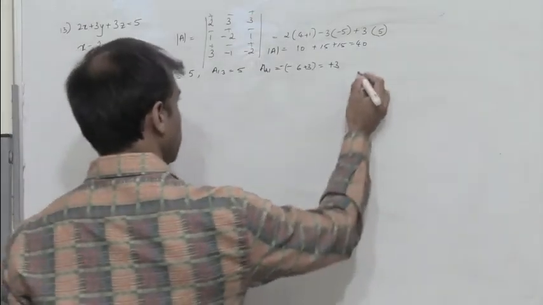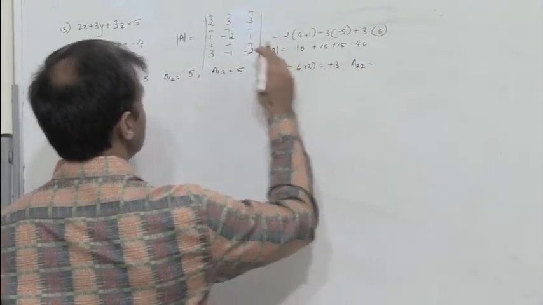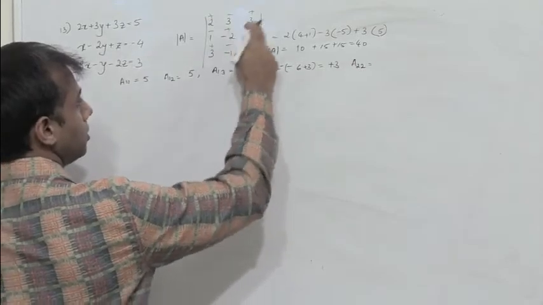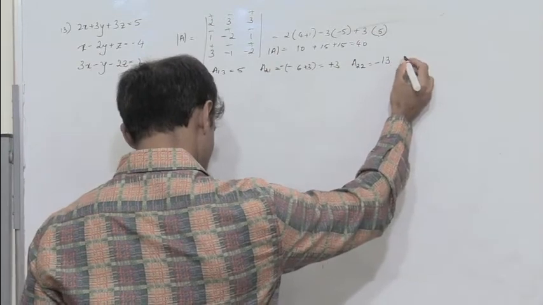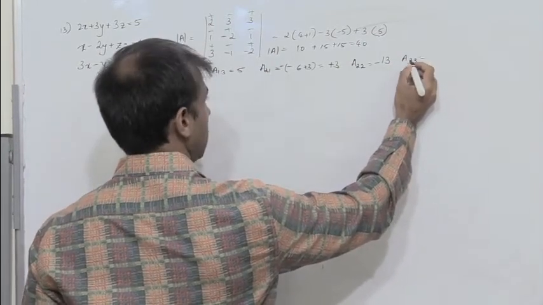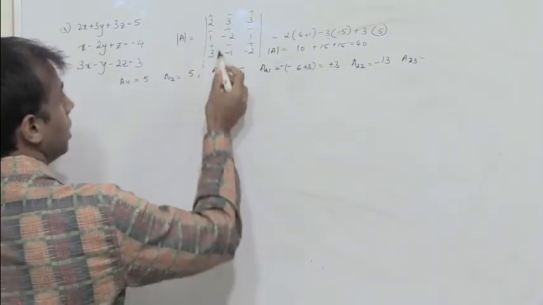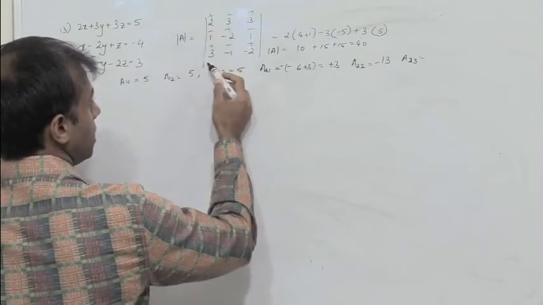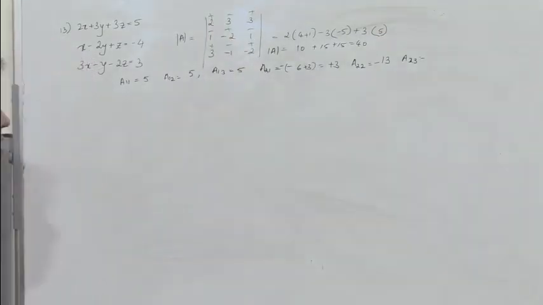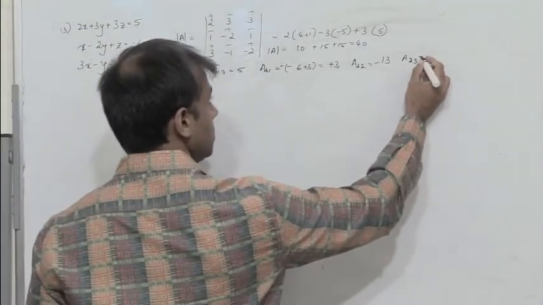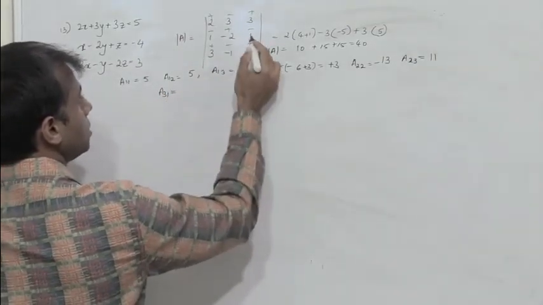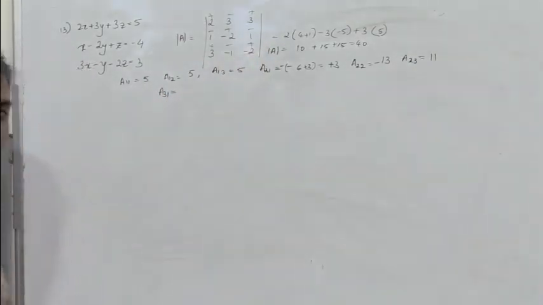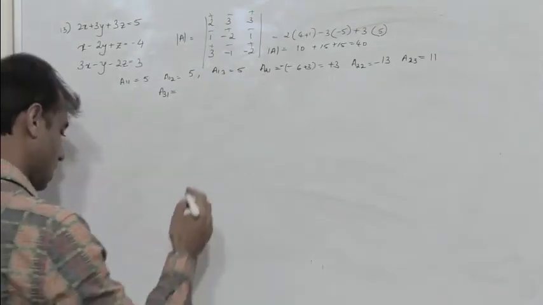Then A22: we have minus 4 minus 9, so minus 4 minus 9 is minus 13. And then A23 is 2 into minus 1, which is minus 2, minus 9. So minus 2 minus 9 is minus 11 with a minus sign, which gives me plus 11. Next A31, 3 into 1 is 3 plus 6, so 3 plus 6 is 9.